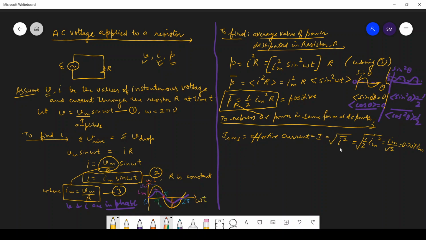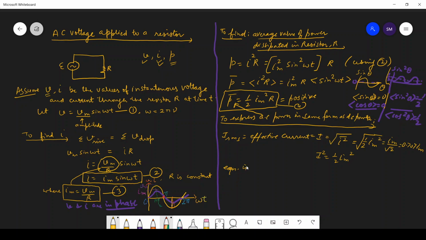Now squaring both sides, because here I need half Im square, I get I square is equal to half Im square. So this is equation number 4.